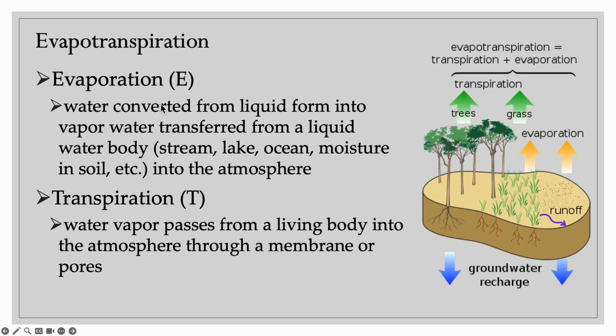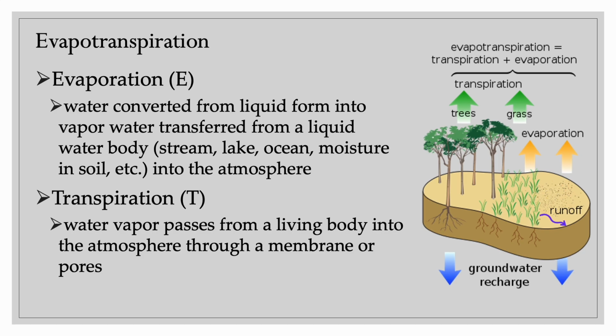So next we have the difference between evaporation and transpiration. Evaporation is water that is converted from a liquid form to a vapor form from a water body. If you had a bucket of water sitting out in the open, eventually that water would evaporate.